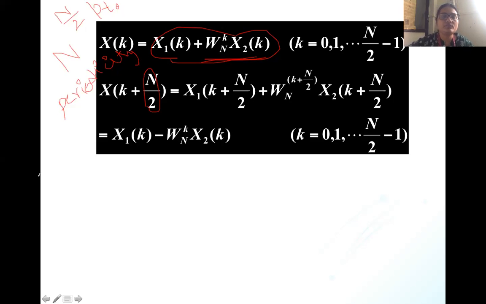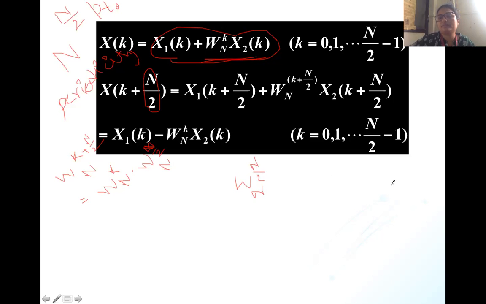While doing this, we will take the twiddle factor into consideration, W raised to k plus N by 2 suffix N. If I separate it out, this is W raised to k suffix N, and the second part is W raised to N by 2 suffix N. So we will find out the value of W raised to N by 2 suffix N.